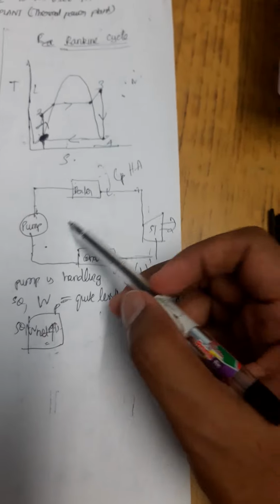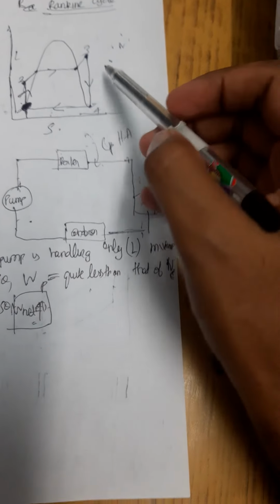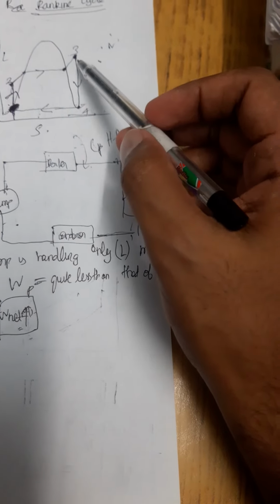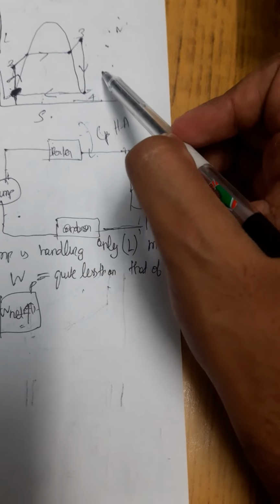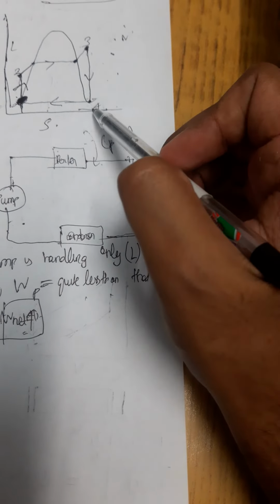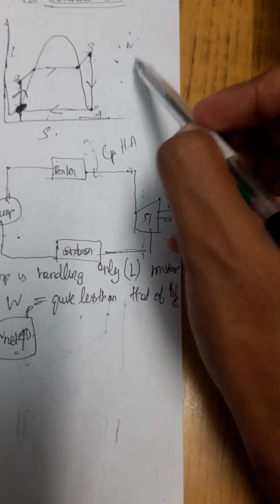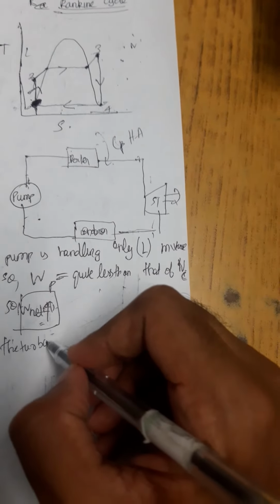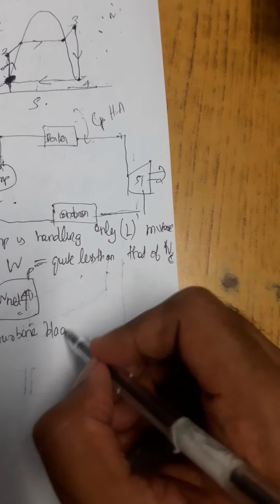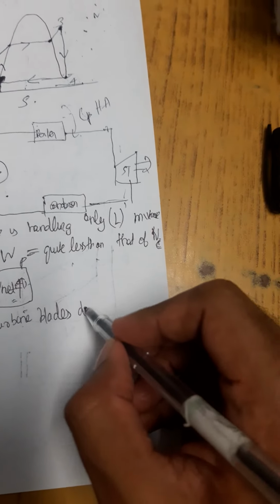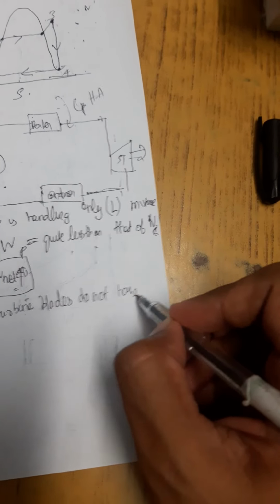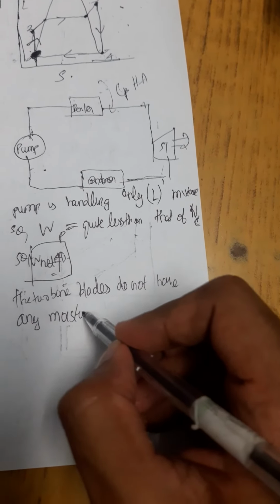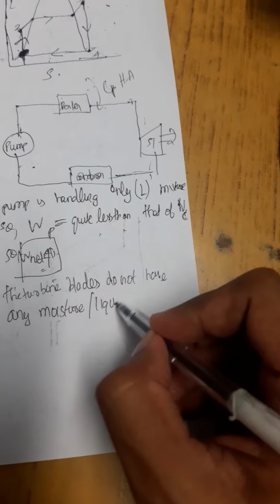But in case of the Rankine cycle, if you see, point 4 is not lying in the liquid plus vapor mixture, it is in the vapor region. So the 3 to 4 expansion is taking place in the vapor region. So in this case, the turbine blades do not have any moisture or liquid content.